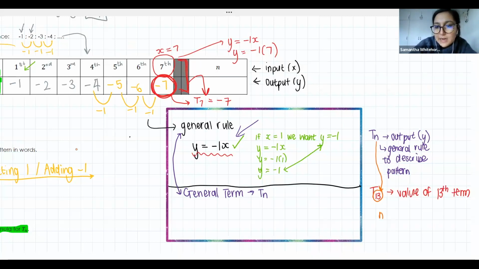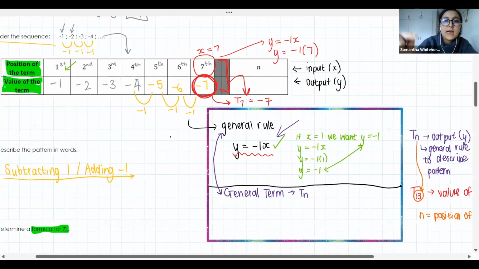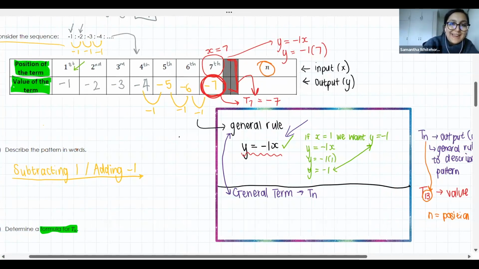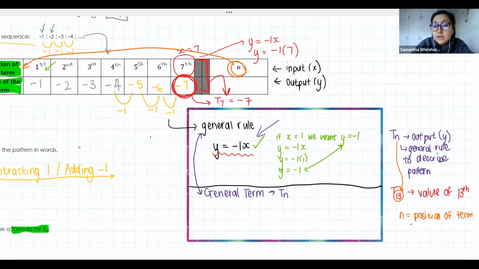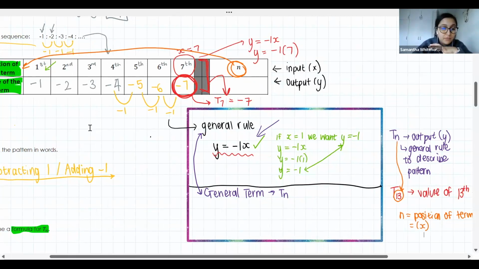N gives me the position of the term. That's why in the table we have an N in the top row that represents the position of the term. It's the same as X. X is also the position of the term. It's the same variable, we're just now using an N.